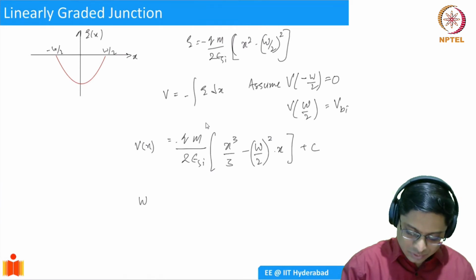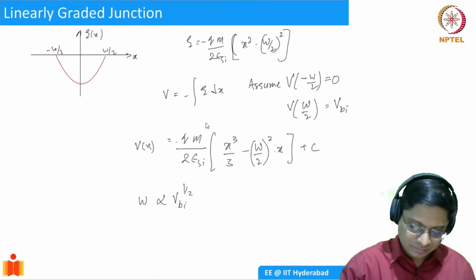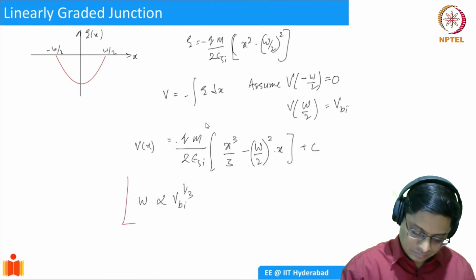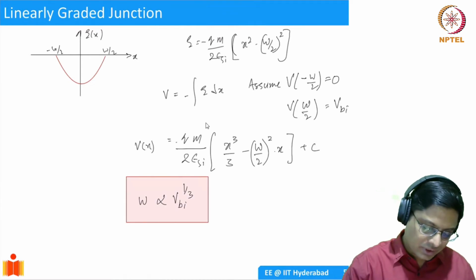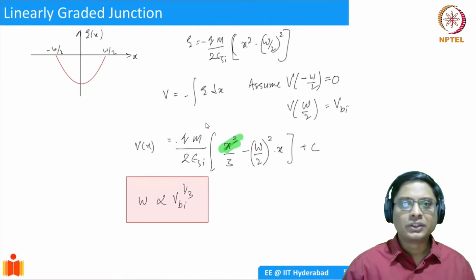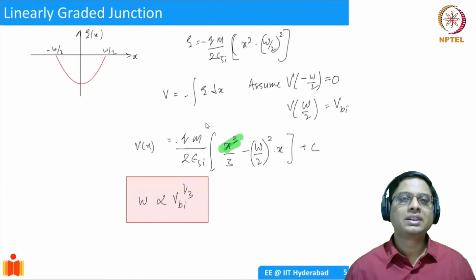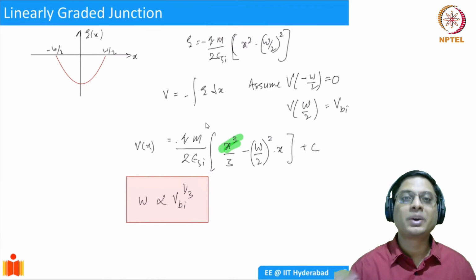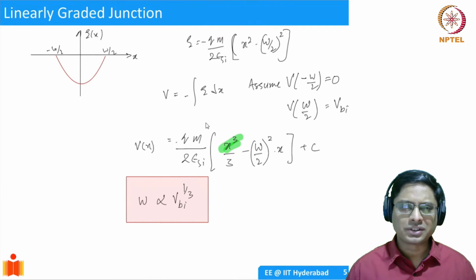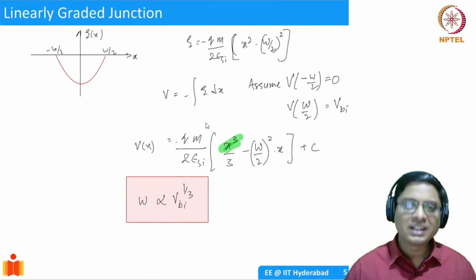So W is going to be proportional to VBI to the power of 1 over 3. You can also already see that because here you already have x cubed. So in the previous case, the width of the depletion region was proportional to the square root of voltage. But if you have a linearly graded junction, it becomes cube root and so on.